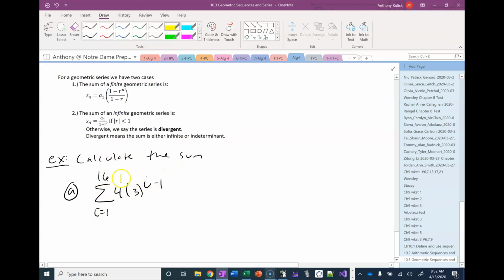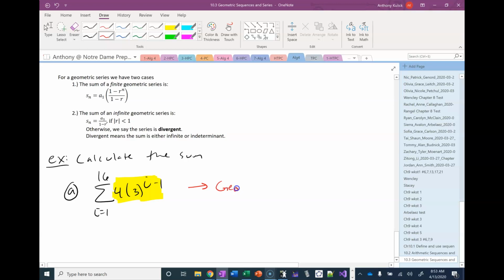Now when doing these, we have to be really careful about looking at the form of our sequence. First thing I need to do is identify whether this sequence, its formula, is a geometric or arithmetic sequence that we're summing. That makes a big difference because we have a separate formula for each of these situations.